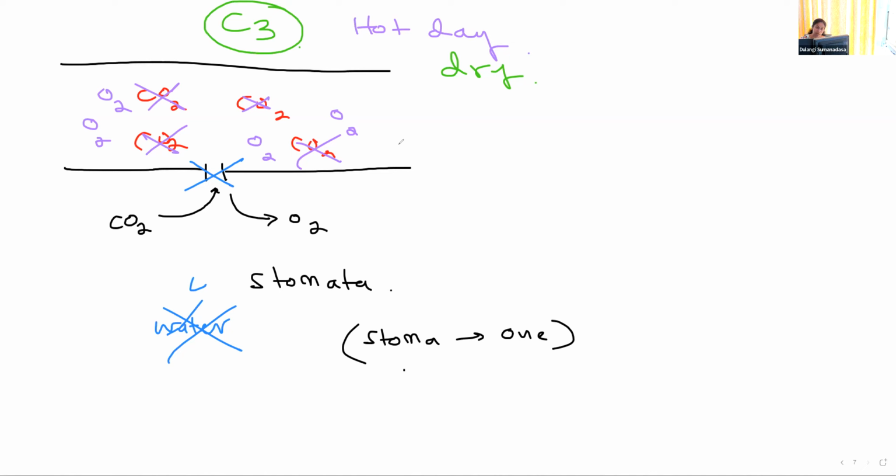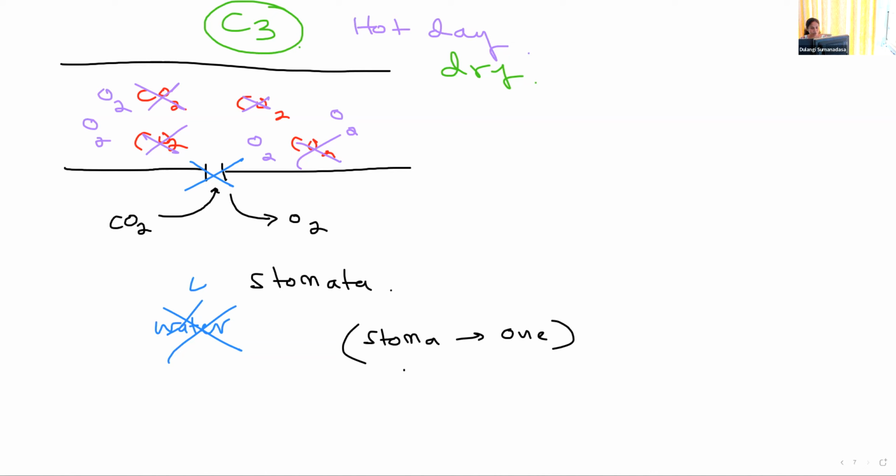But if plants are living in very hot environments, like dry desert environments, they have adaptations to stop photorespiration. C3 plants are not going to have any adaptation because they live in normal environments. They're not experiencing photorespiration every day.